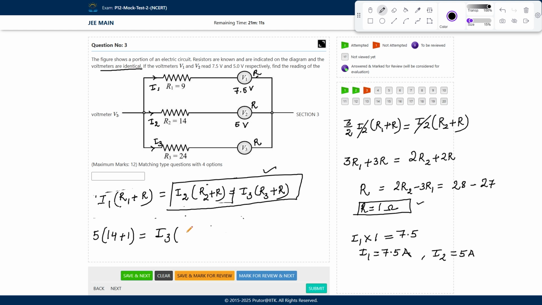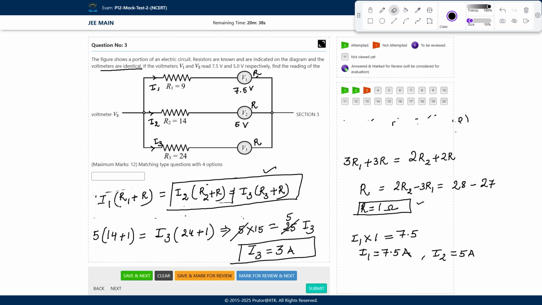R3 is given 24 plus R is 1. So here which will become 5 into 15 and 25 I3. So 5 5s are 25 and 5 will go there. I3 will become 3 ampere. Got it? I3 will become 3 ampere.